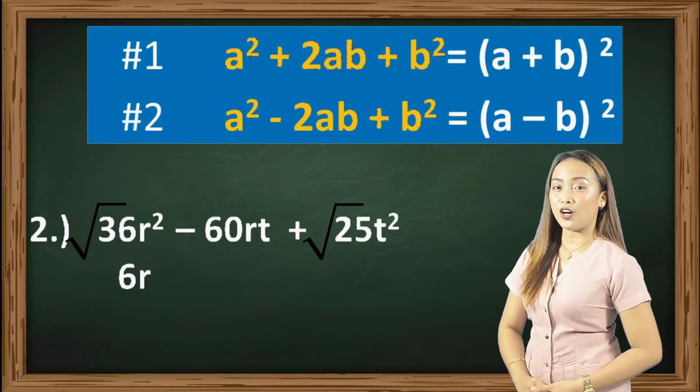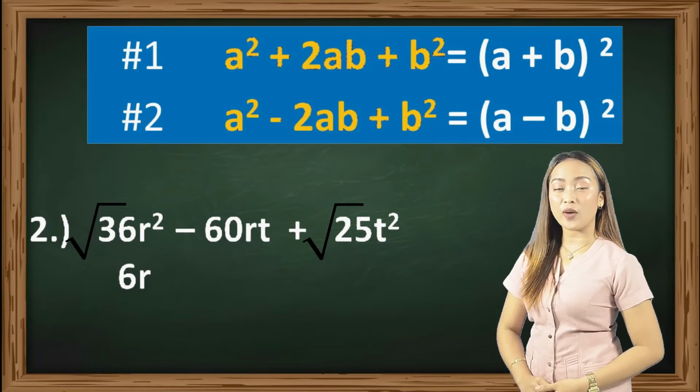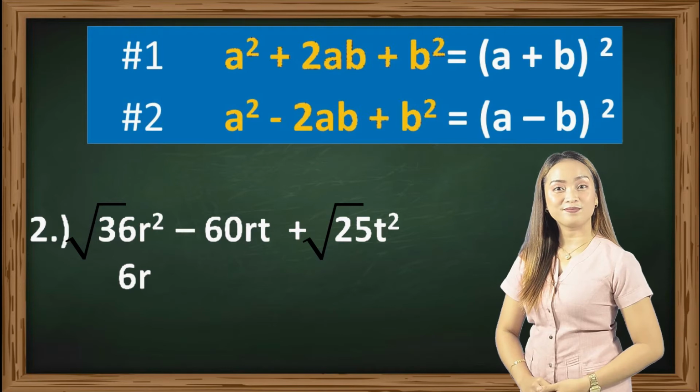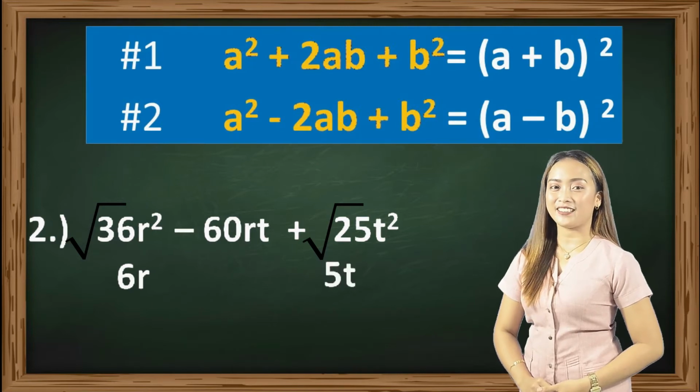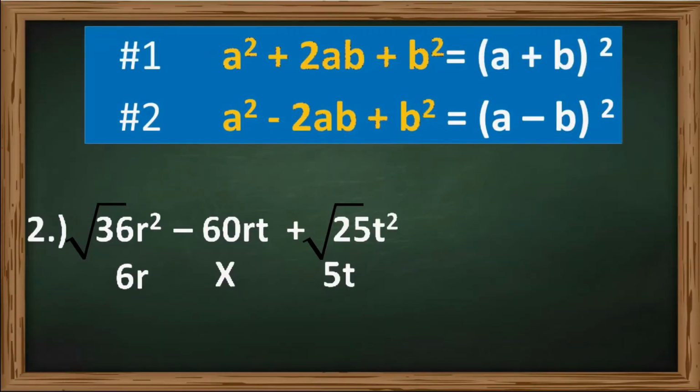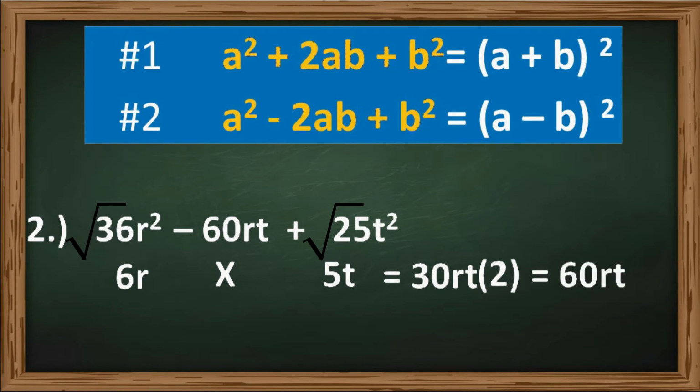And the square root of 25t squared is equal to 5t. Multiplied together, we got 30rt. And twice 30rt, we have 60rt, which is exactly our middle term. So the answer is P. Great!